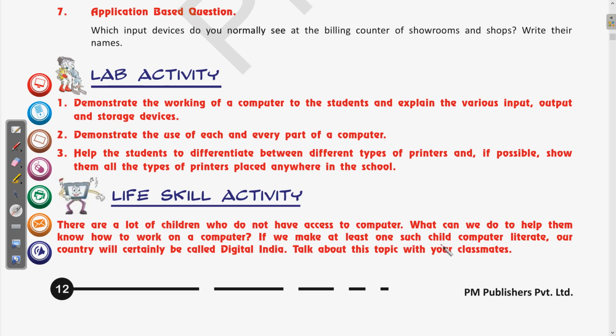It is asking that all of us who are computer literate, who know how to work with the computer, can take the initiative to teach those children who don't have computer access. If we can make them computer literate, then our country will very soon be a Digital India.